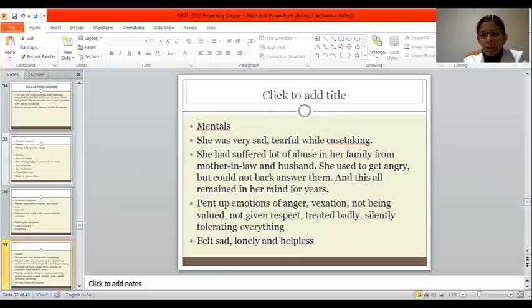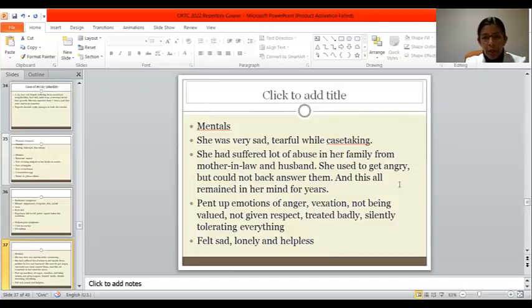The mentals were very interesting. She was very sad, tearful while case taking. She was almost weeping while telling her case. She told me that she had suffered a lot of abuse in her family from her mother-in-law and her husband.